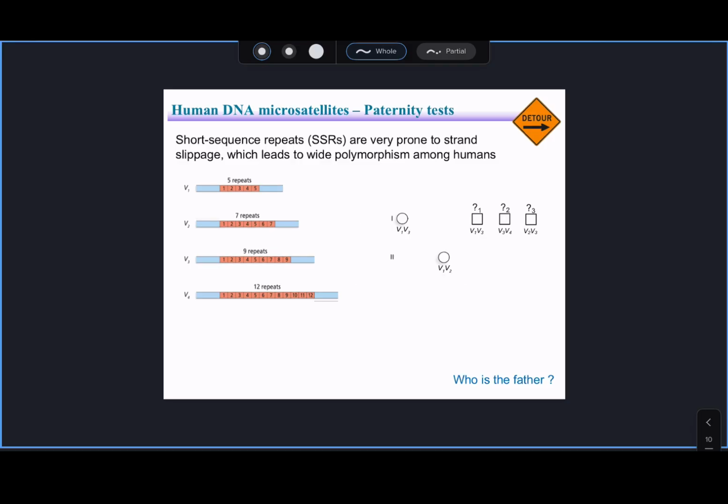And we can use this because these variants are polymorphic enough that there is enough variance within human populations that now we can start drawing these very direct connections between individuals and their parents, or the other way around. So these SSRs, or short sequence repeats, are the things that are used in forensics or in paternity tests.